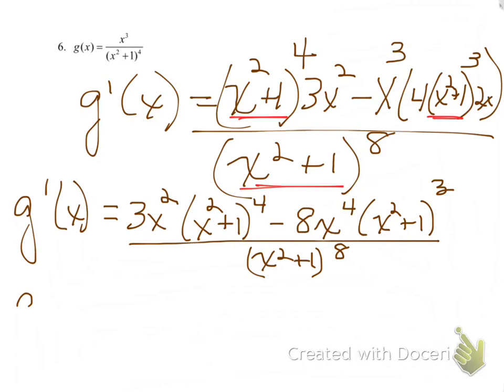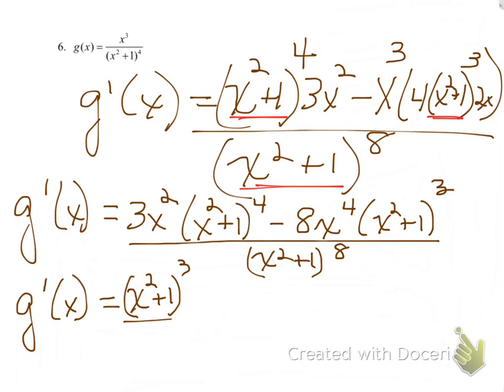Okay, so what I'm going to do is look, in the numerator and the denominator, at the highest power that I can factor out, which is x squared plus 1 to the 3rd. I'm going to do it like this, just for completion, so you can understand how this gets done. This is the safest way to do it, because if you do this, you're not going to cancel something out and not know why you were able to do that.